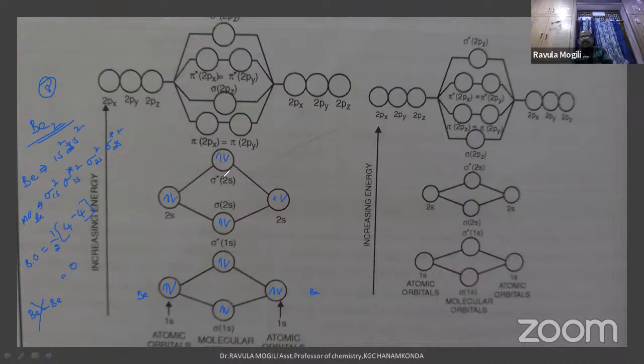No unpaired electrons. If it has an odd number, they may be paramagnetic. But since it is an even number, it exhibits diamagnetic nature. Is it okay?